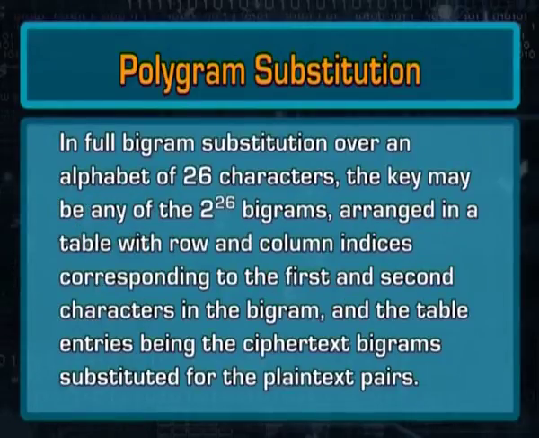In full bigram substitution over an alphabet of 26 characters, the key may be any of the 26 squared bigrams arranged in a table with the row and column indices corresponding to the first and second characters in the bigram, and the table entries being the ciphertext bigram substituted for the plain text pairs. There are then 26 squared factorial keys.